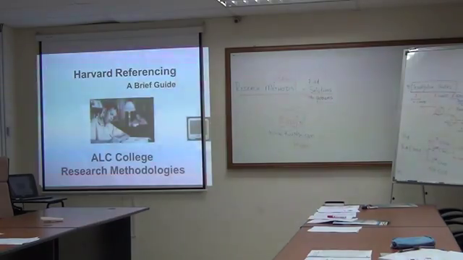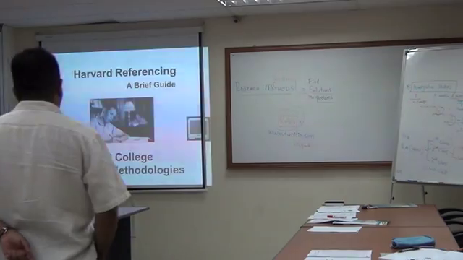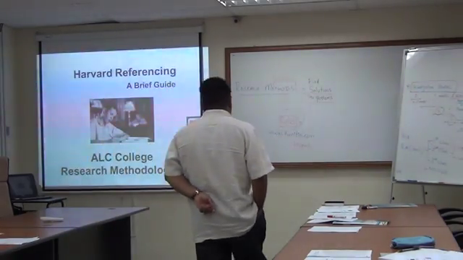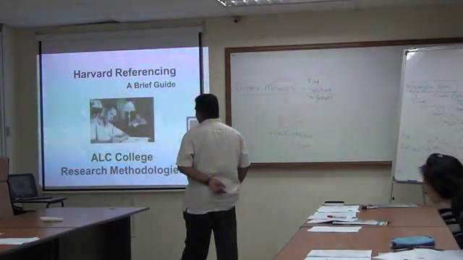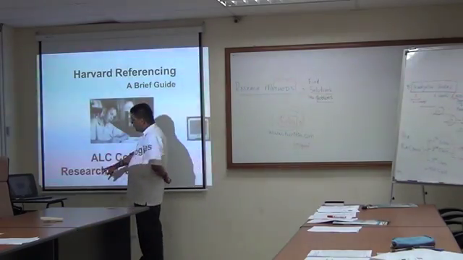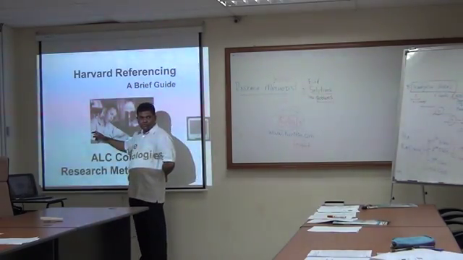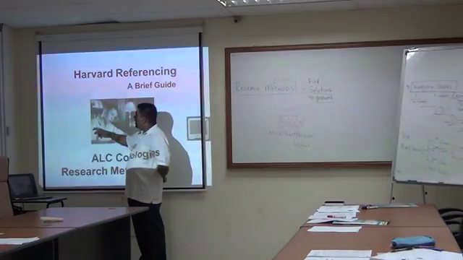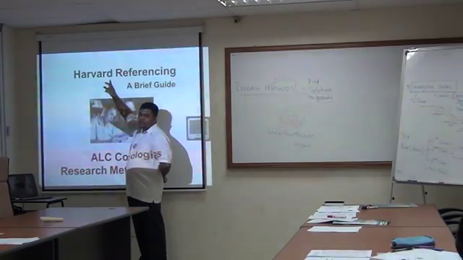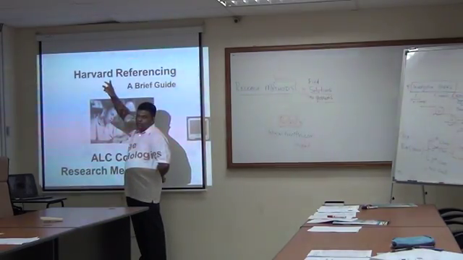There are various rules that must be followed, and these rules are basically called the Harvard referencing. So when we do research, we follow rules, and these rules are the system called what? Harvard referencing. Take it down now.